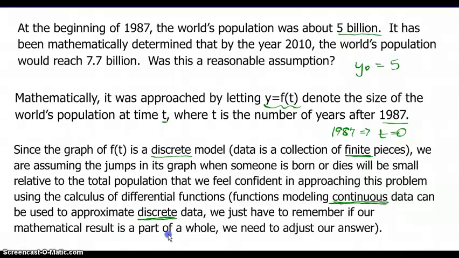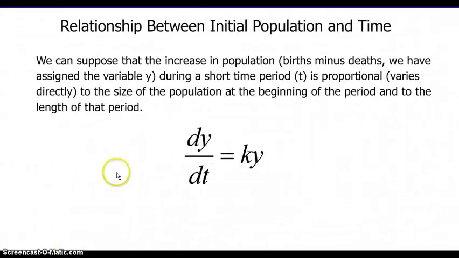So we have to remember, if our mathematical result is a part of a whole, we don't have 2/3 of a human being or 5/10 of a bacteria. We have a whole human being or a whole bacteria. So we may need to adjust the mathematical model that we're using, which is a continuous model. We may have to adjust our final answers to make them make sense in the context of the question that we're being asked. All right, so here's the relationship between initial population and time.